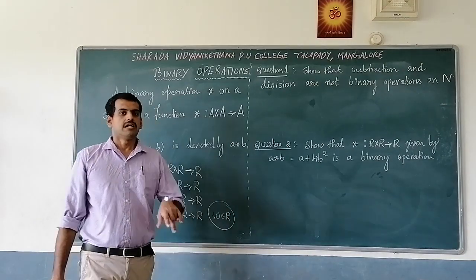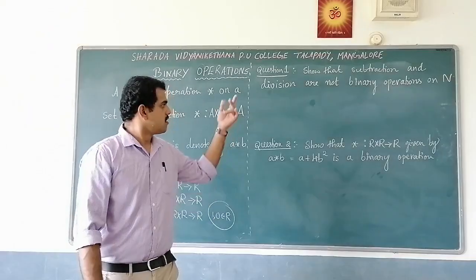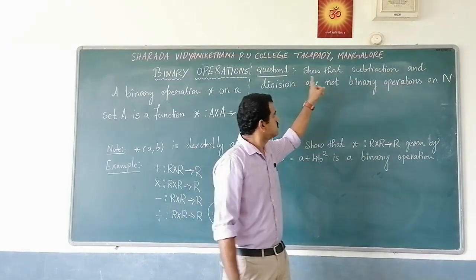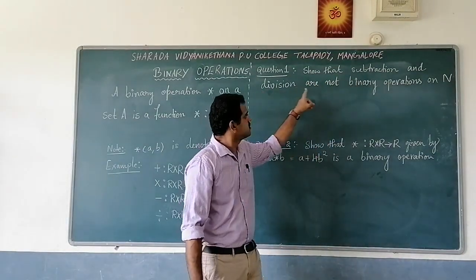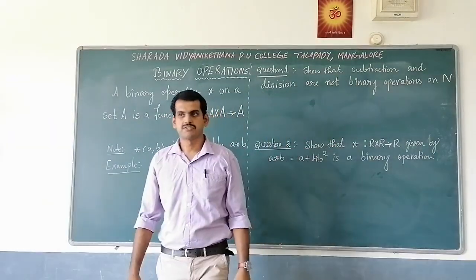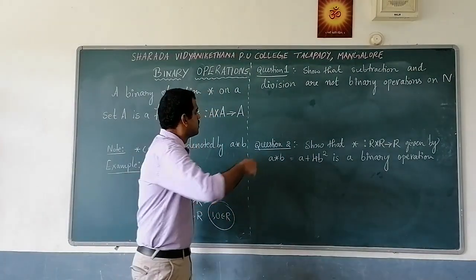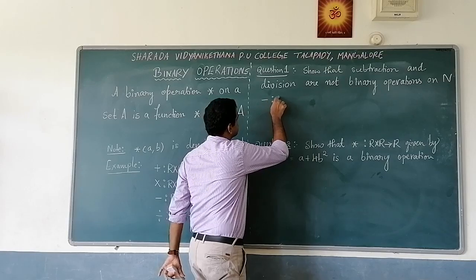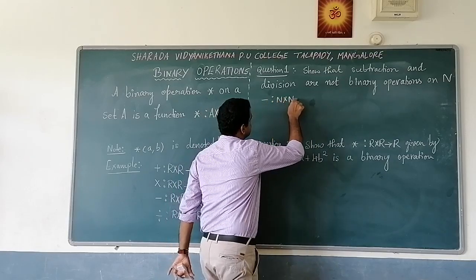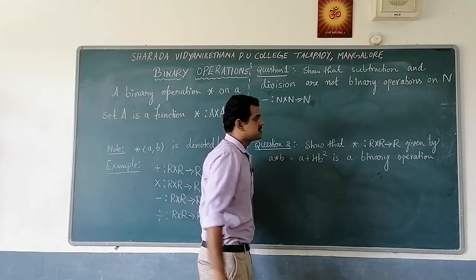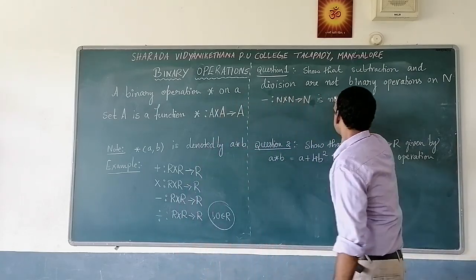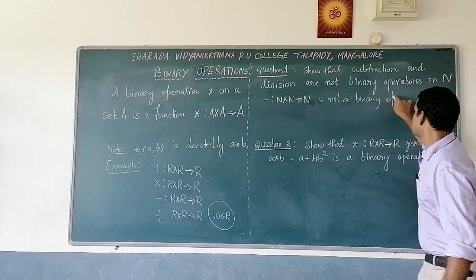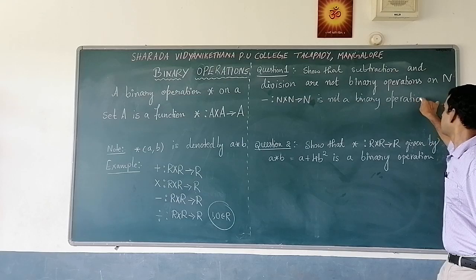Now I will take two more examples. Question number 1: show that subtraction and division are not binary operations on N. If I take subtraction, as I told earlier, subtraction from N cross N to N is not a binary operation.